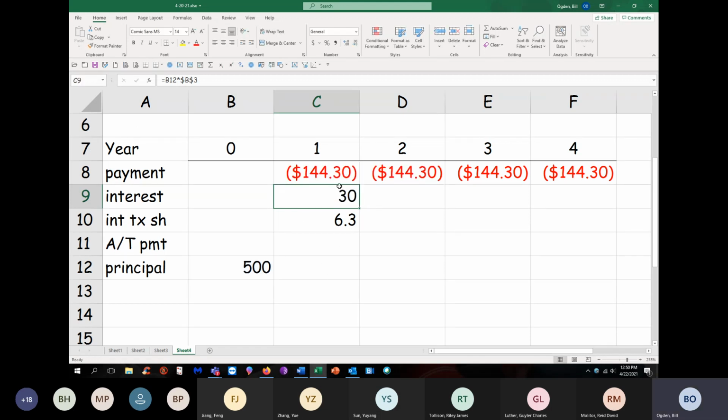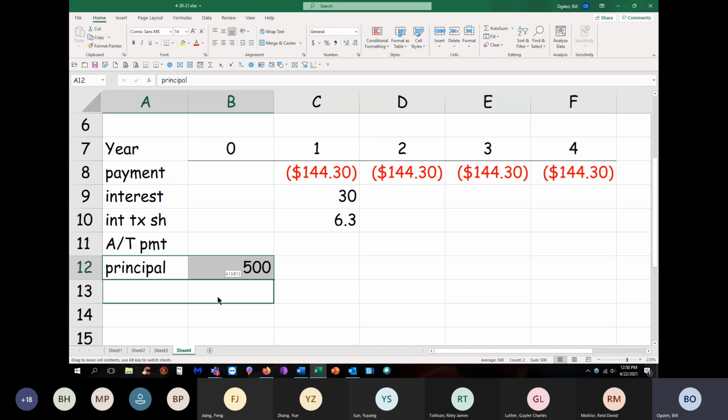Okay, so here we go. How much of this payment goes toward principal? And let's bring this down one more.